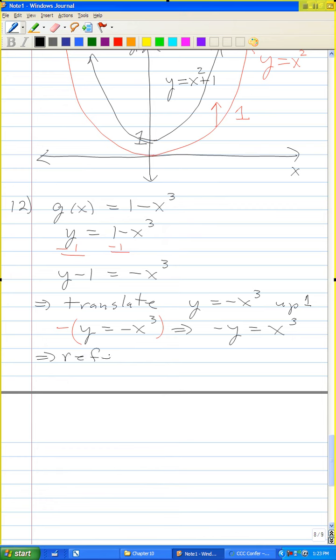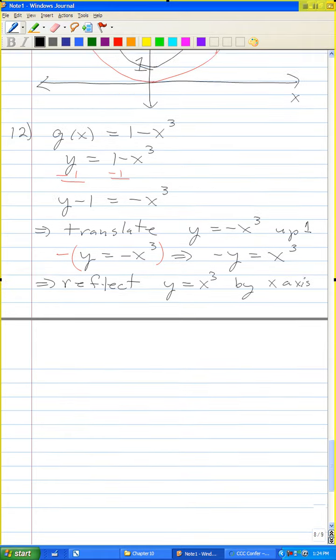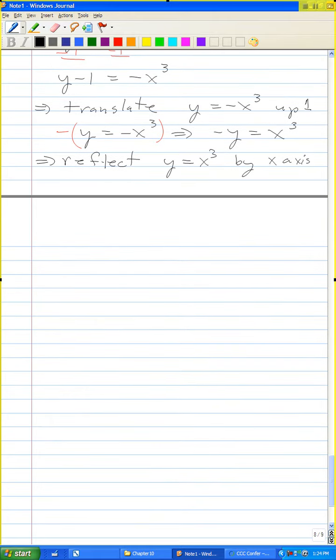So I should reflect the graph of y equaling x cubed. Notice I've changed y to negative y, so I should reflect this about the x-axis. Okay, so now let's do that. So I'm going to have to first reflect about the x-axis and then translate up by 1.